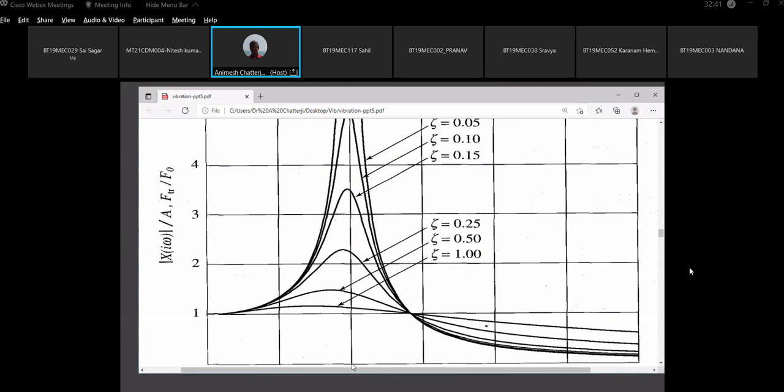Then will you go for 1.4 or 2.0? 2.0, sir. Why not 10.0? Why will you stop at 2.0? Why not 10.0, if solid length does not become a problem?